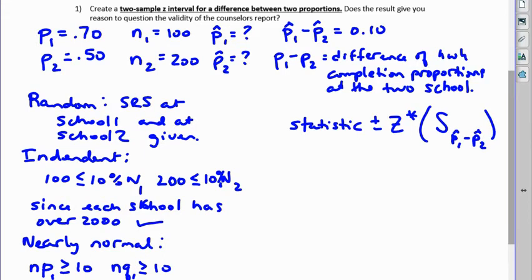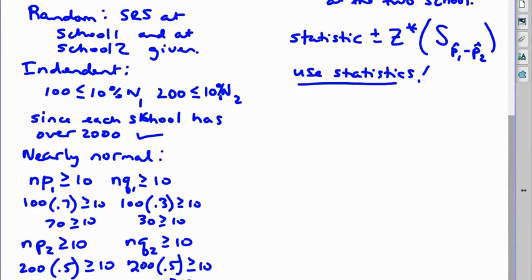So this right here, we need to use the statistics. We have to use the statistics on this because intervals are using the data to give you a window of what you think might be true. So if I'm using statistics, I'm going to be using that. That's going to be this.